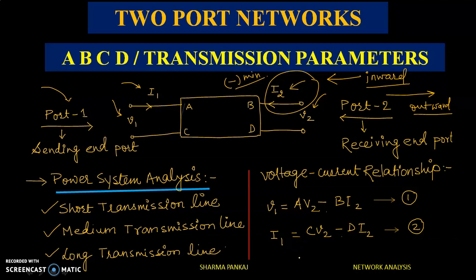A load will be satisfied by the current flowing into the load. Load always draws current from outside. So in the picture it looks inward, but in reality this I2 will be outward.